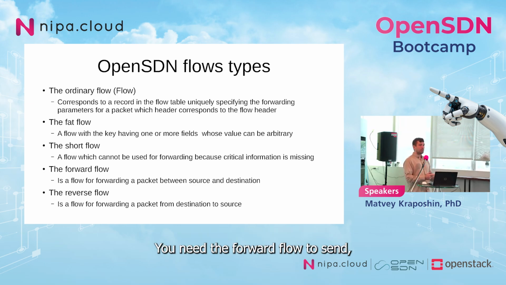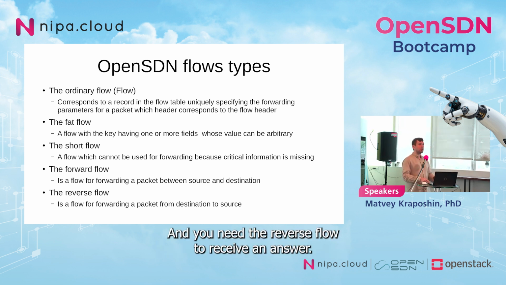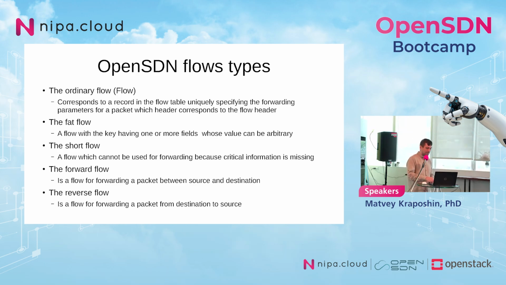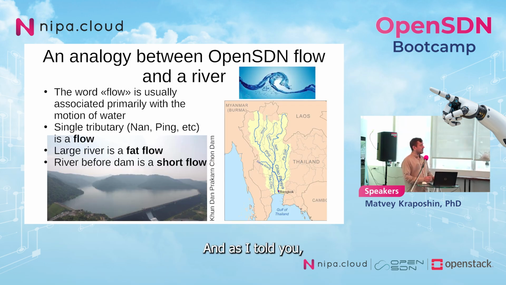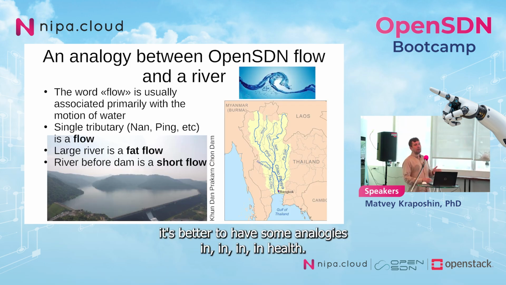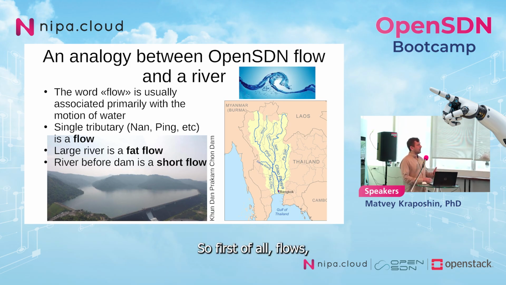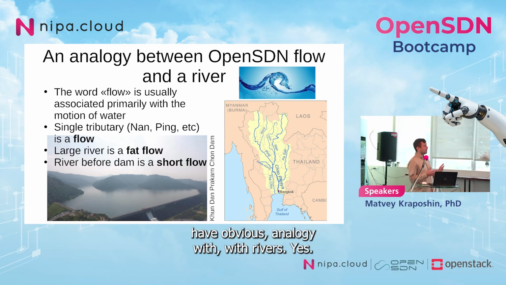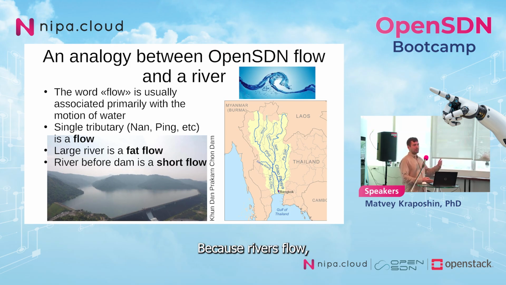Yes, you need a forward flow to send an inquiry, and you need a reverse flow to receive an answer. And as I told you, it's better to have some analogies in head. So first of all, flows have obvious analogy with rivers, yes, because rivers flow.